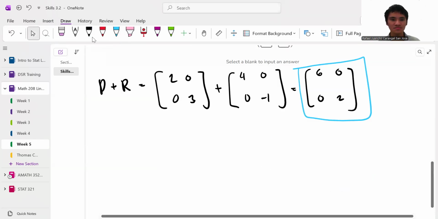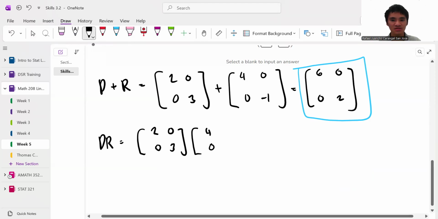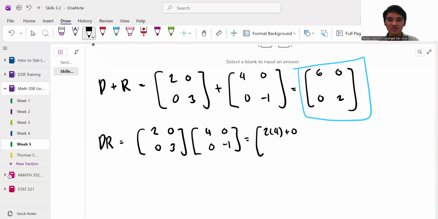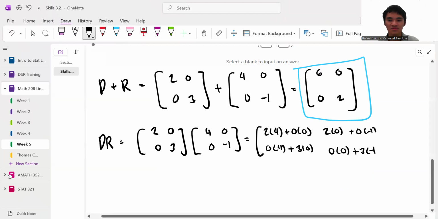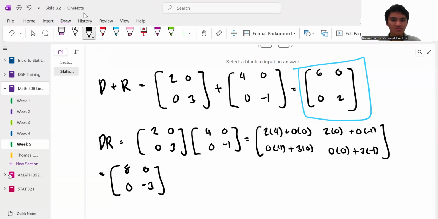Okay, now I have to do this part. Let's do dr. So here again, we just multiply the matrices. But I think I probably know what's going to happen. 2 times 4 plus 0 times 0, 0 times 4 plus 3 times 0, 2 times 0 plus 0 times negative 1, 0 times 0 plus 3 times negative 1, and we should get 8, 0, 0, negative 3.